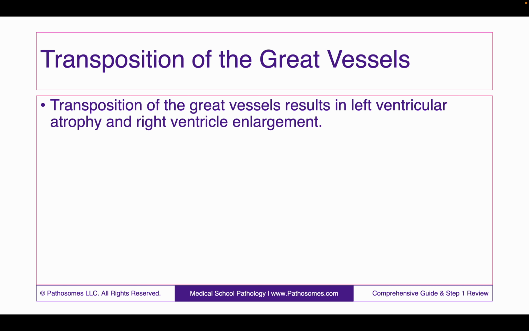And that makes sense, right? Because the right ventricle with transposition of the great vessels is actually pumping out to the systemic circulation, which requires it to have the strength to act against that peripheral resistance, hence the enlargement, and vice versa for the left ventricle, which is why it becomes atrophied.